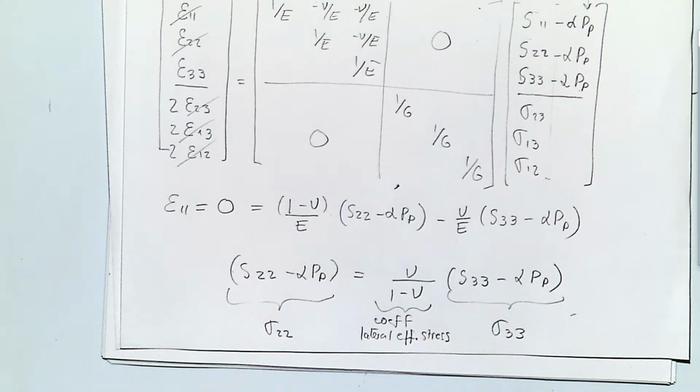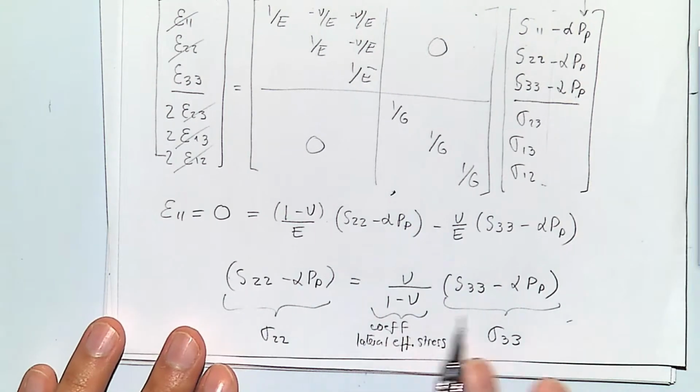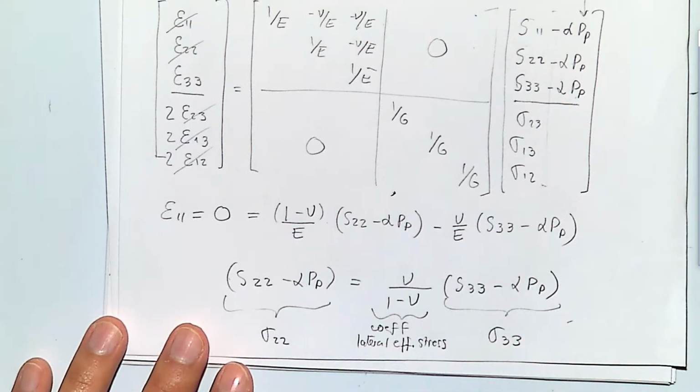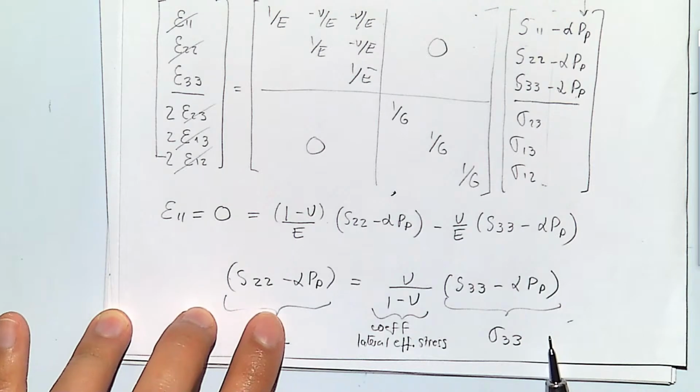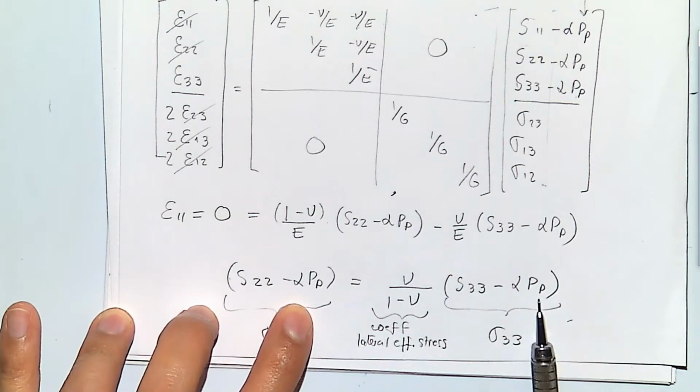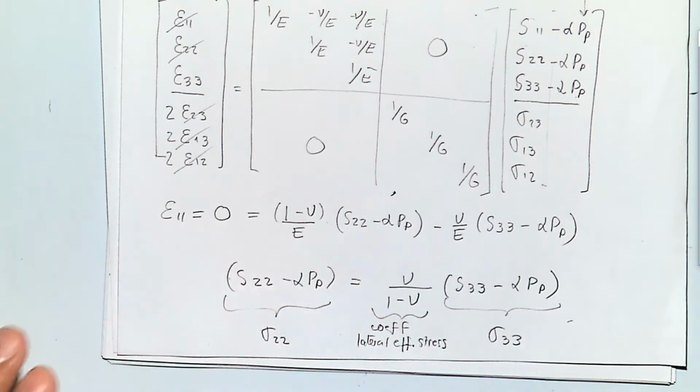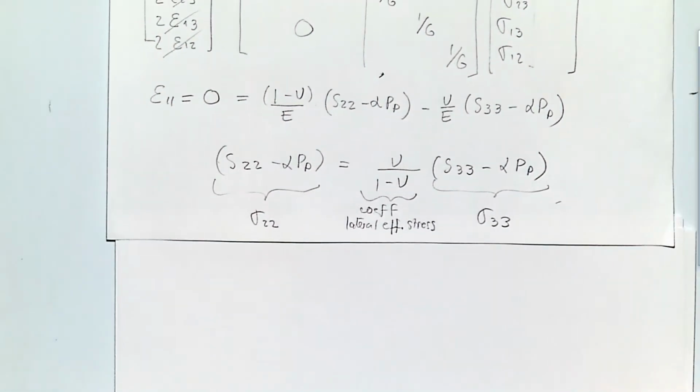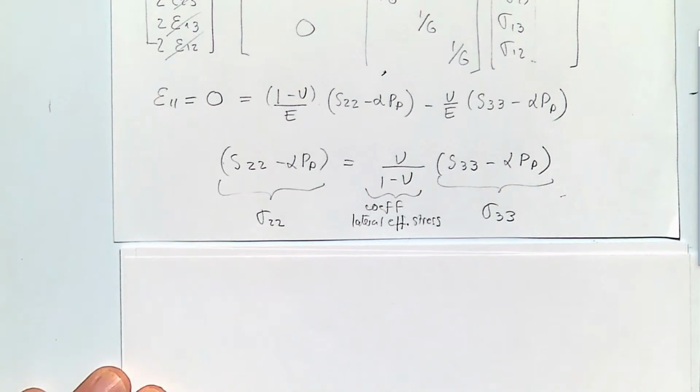All right, but now we want to expand these equations to tell us what is the variation of stress as a function of variation of pore pressure. So what we're going to do is we're going to write now these equations as a function of pore pressure.